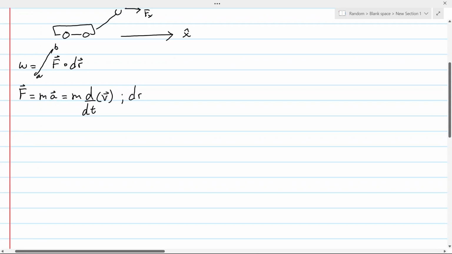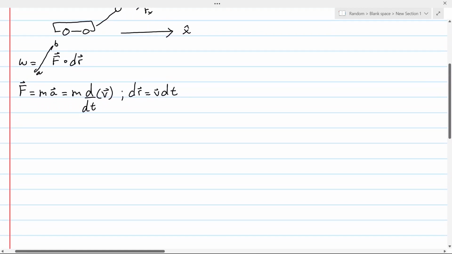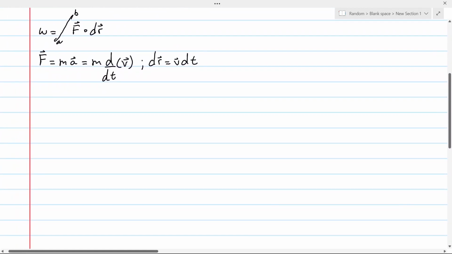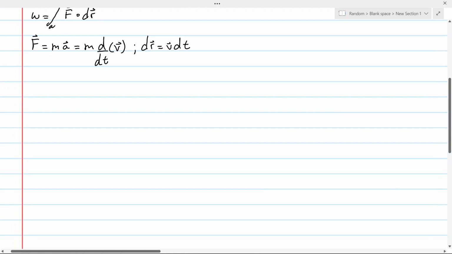Additionally, we can say that an infinitesimal displacement vector is equal to a velocity vector times an infinitesimal time increment. Rewriting the integral with these two in mind, we can write this as work is equal to the integral from a to b of m times the time derivative of velocity dotted with velocity times an infinitesimal time increment dt.